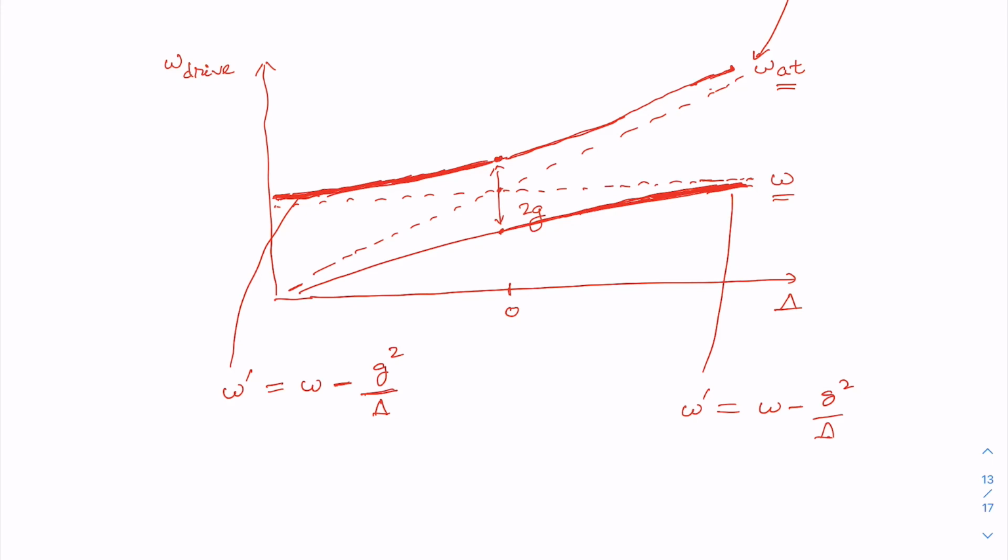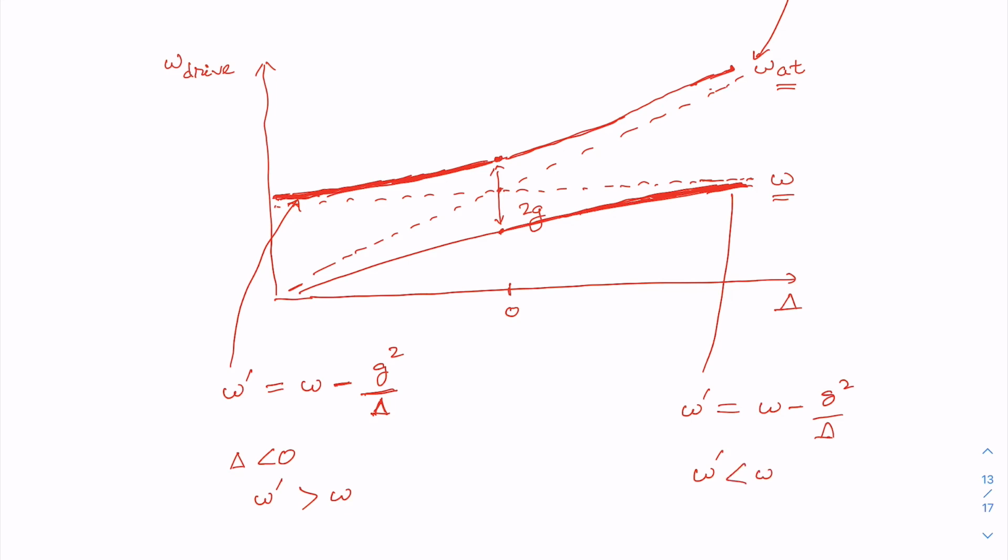In this experiment, the atom or the qubit is always in the ground state. Now because delta is less than 0 in this part, omega dash is greater than omega, and in this case omega dash would be smaller than omega, as you can see from the diagram.